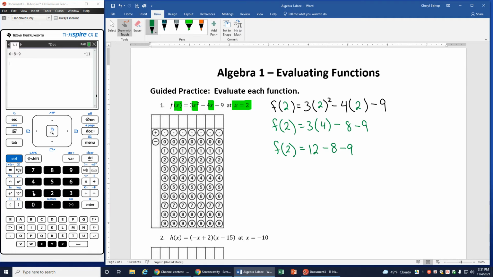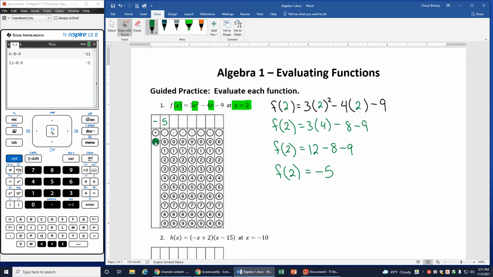And I can put that in my calculator. 12 minus 8 minus 9 gives me a value of negative 5. So f evaluated at 2 is negative 5.